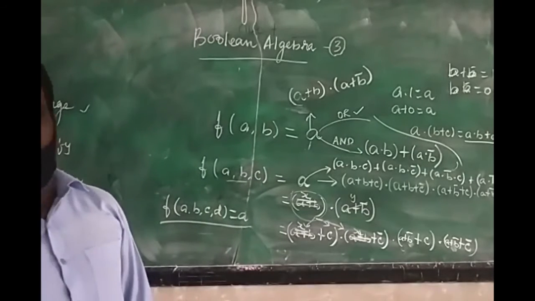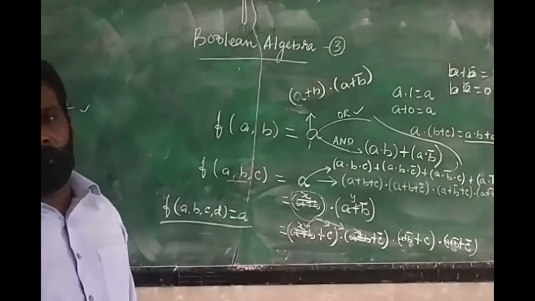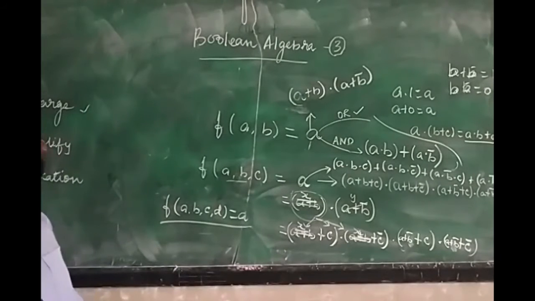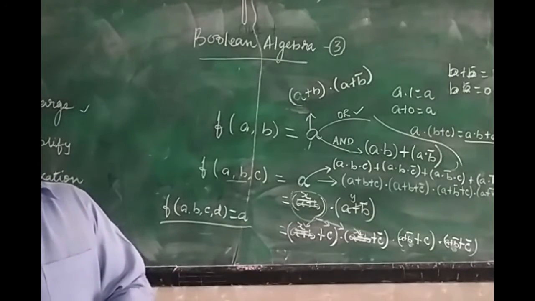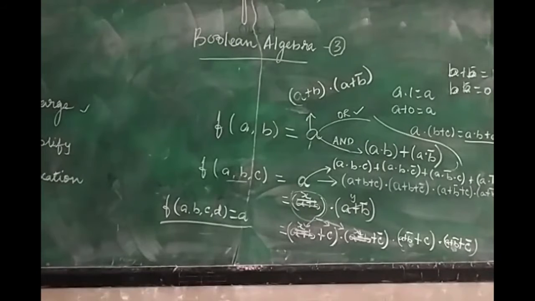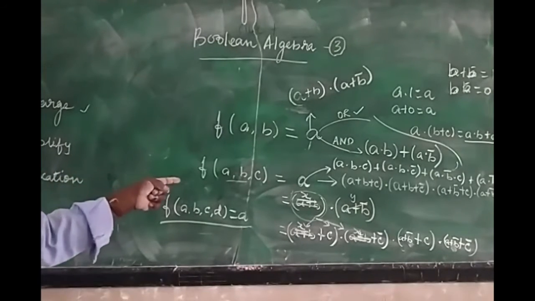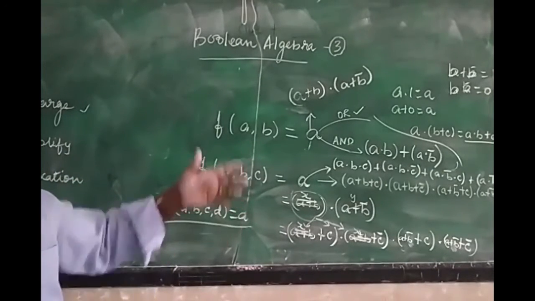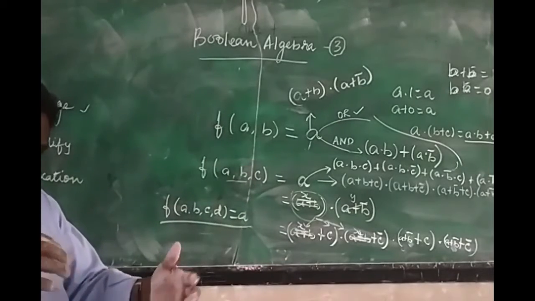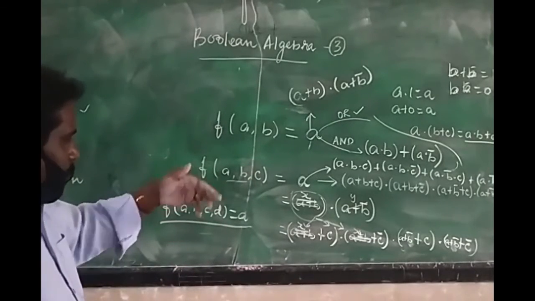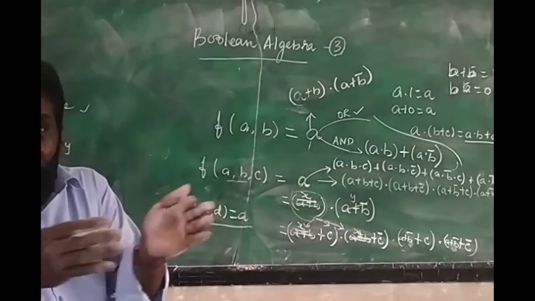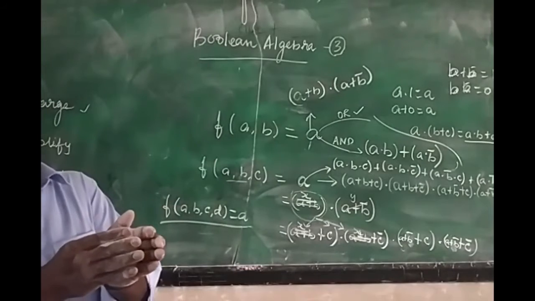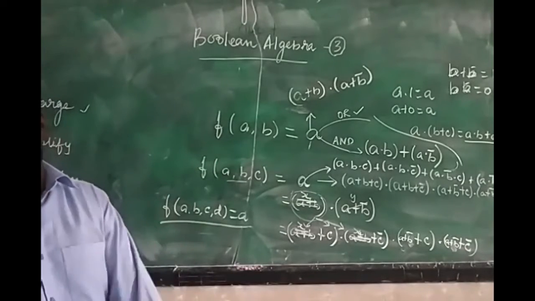If you have observed closely, if you do the reverse operation, that is called simplification. Now we have learned how to enlarge. If you apply the reverse with all the theorems on the enlarged expression, you can minimize. That is the simplification process.